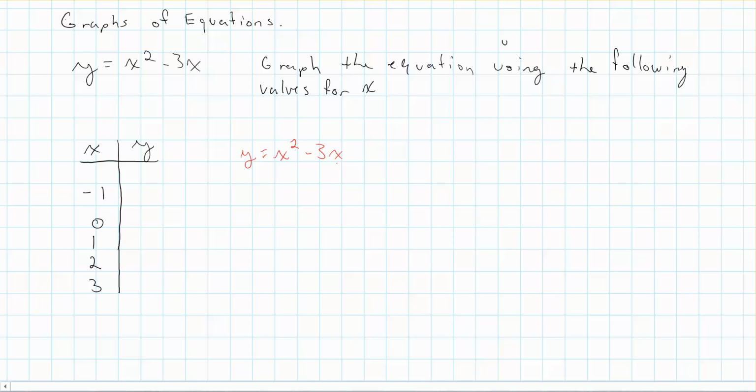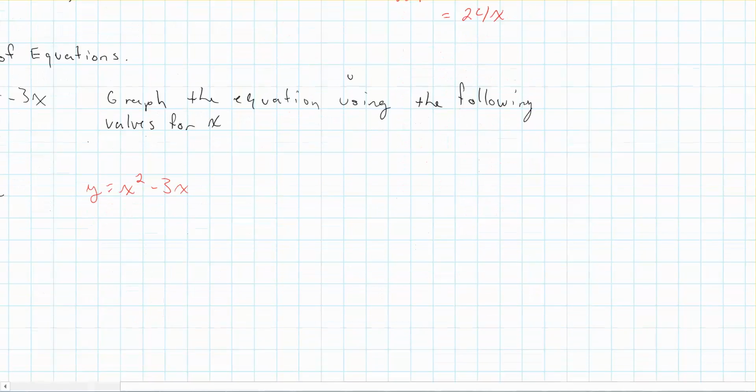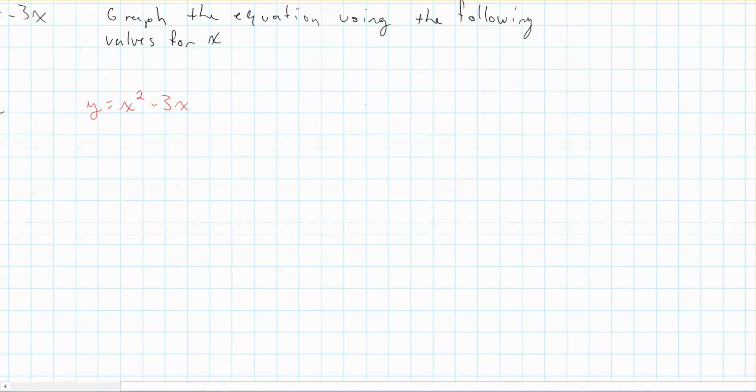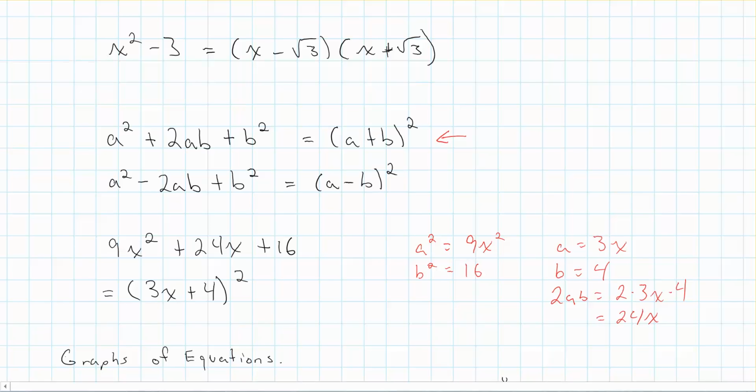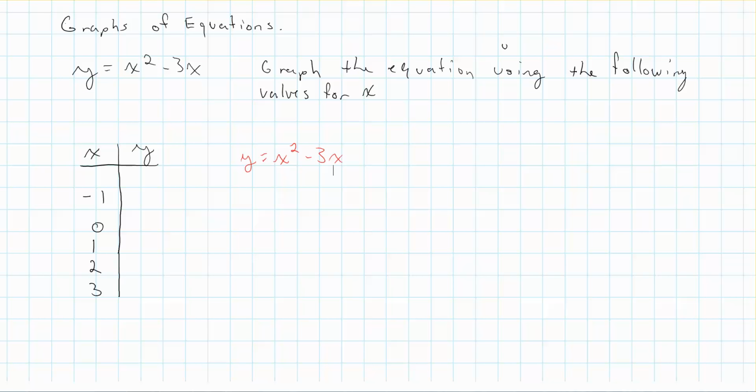Sorry, my hand accidentally moved the screen all over the place, since I'm using a tablet with a pen. Alright, let's get back to it. We've got x, -1, 0, 1, 2, and 3, and we want to find the y values, and then we're going to plot this to sketch the curve.